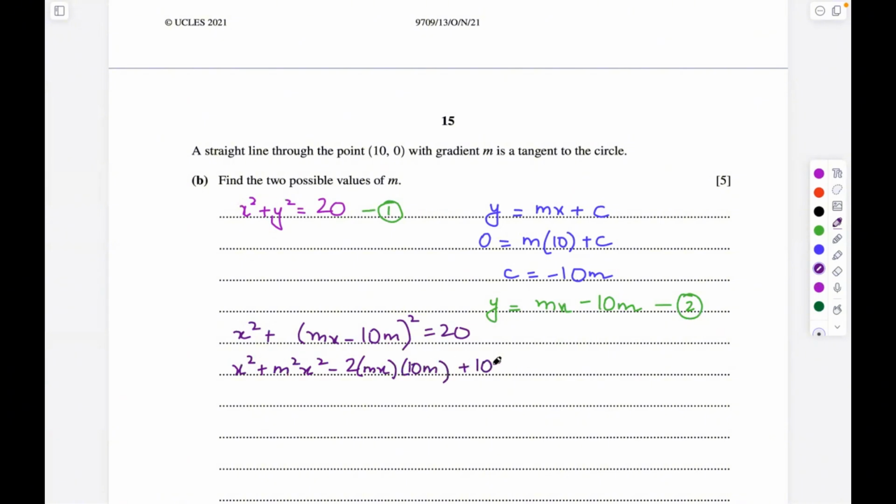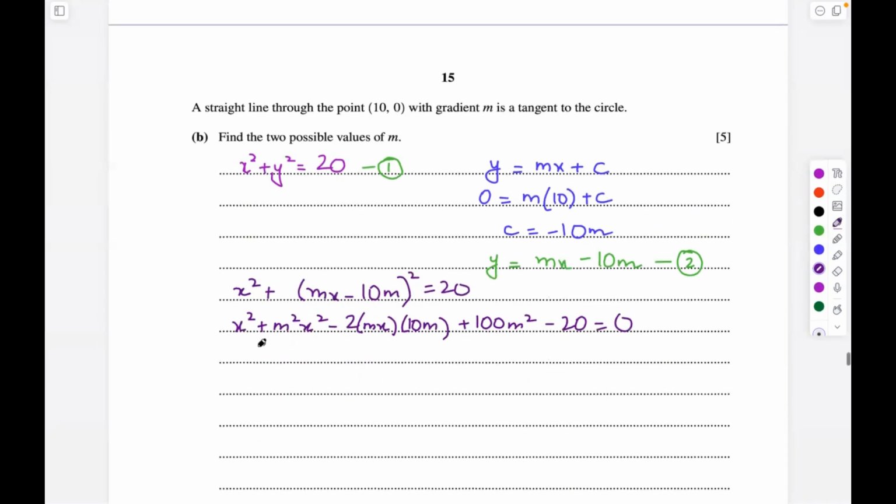So that will become 100m squared. And this is a 20 up here, so we can bring it on the right hand side to write it as minus 20 equals 0. Now simplifying this, we'll get x squared plus m squared x squared minus 20m squared x plus 100m squared minus 20.